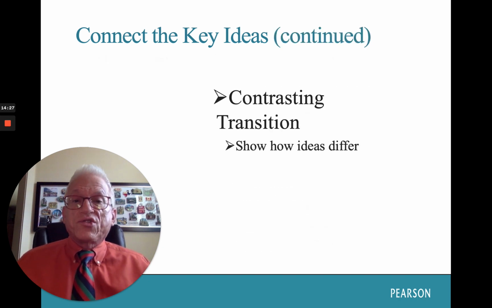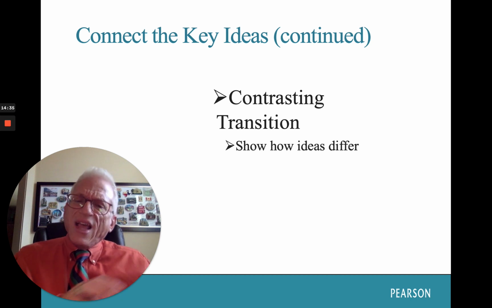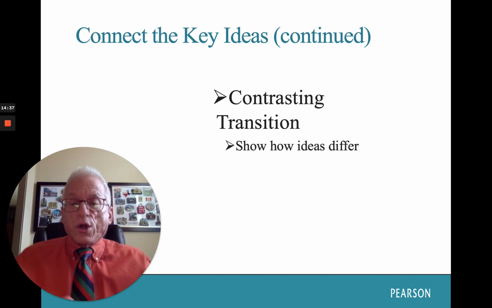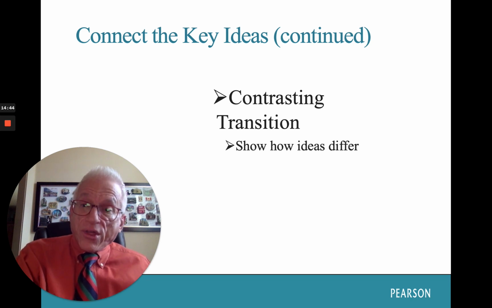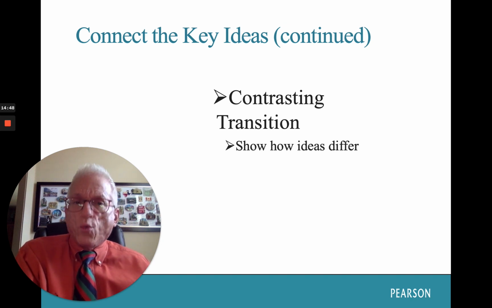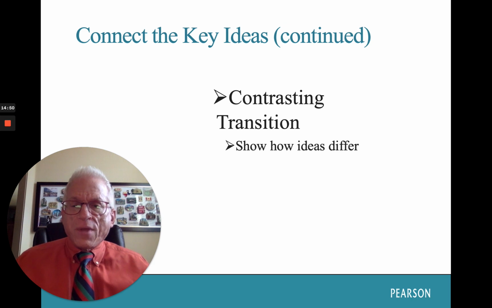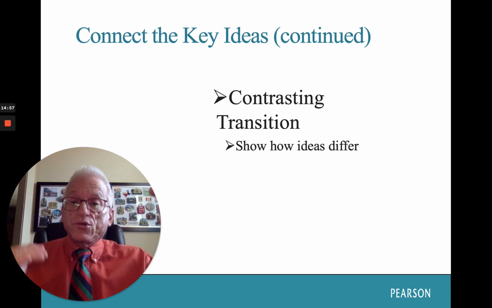You might consider a contrasting transition. So now that we understand the pros of this, let's look at the cons. Or it might be clear that there are a lot of pros for packing the Supreme Court, but there are also the same number of cons, or there are also some additional cons we need to think about. So contrasting transitions, again, summarize and signpost, but in a way that contrasts those two ideas.